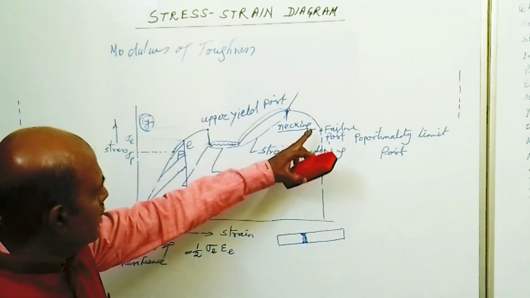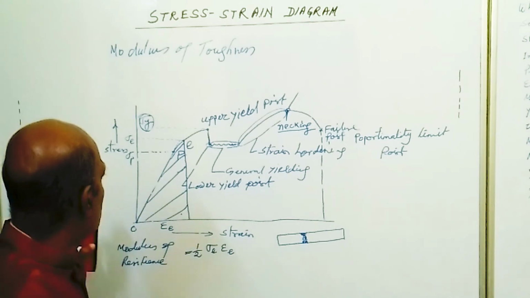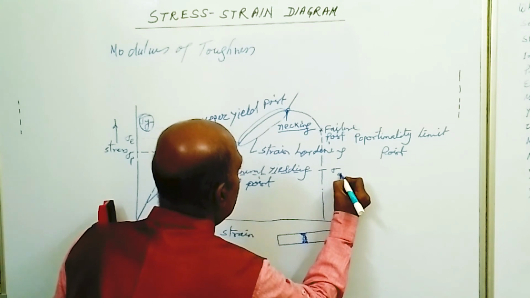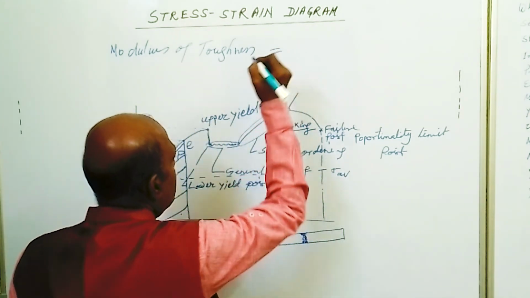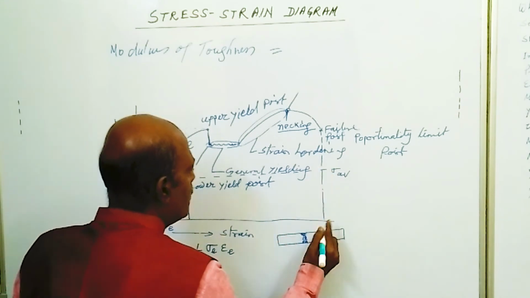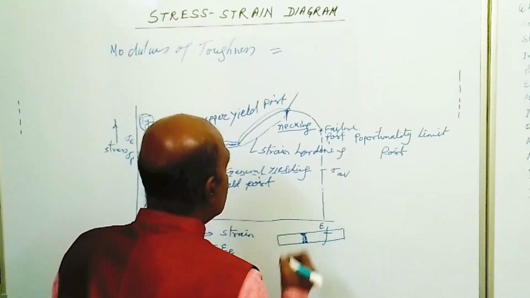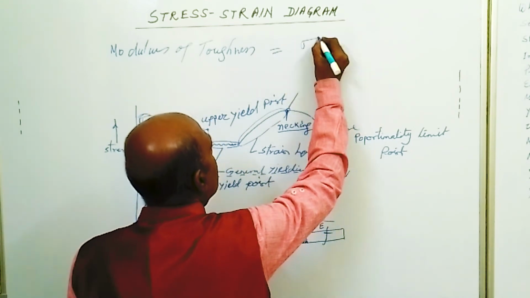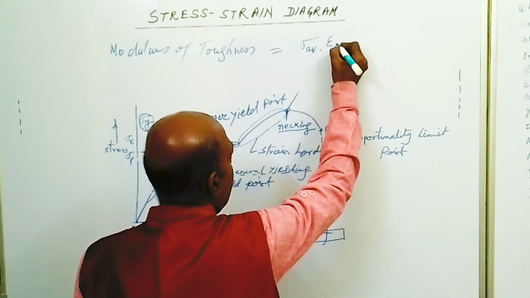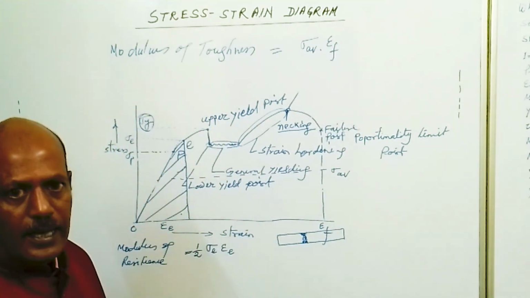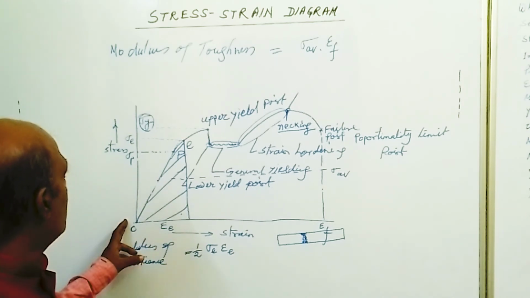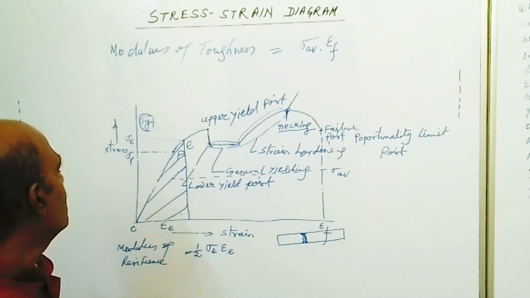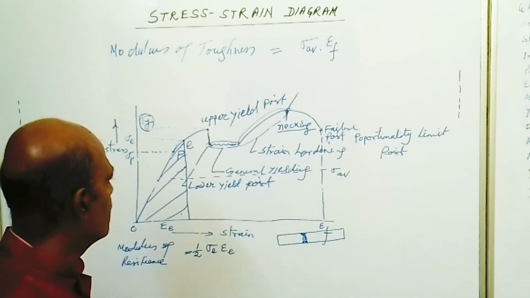If the average stress is sigma average, then the area is given by sigma average into the strain at failure point, say epsilon f. So per unit volume, this area gives the energy absorbed by the body up to failure point, and this is called the modulus of toughness.